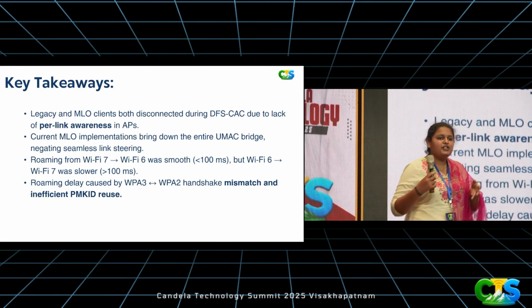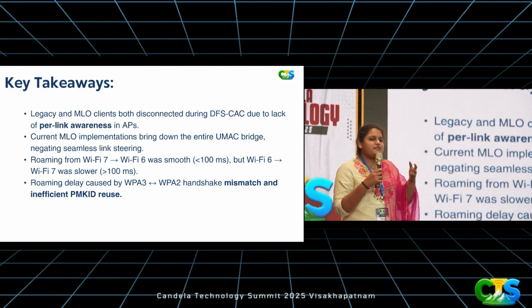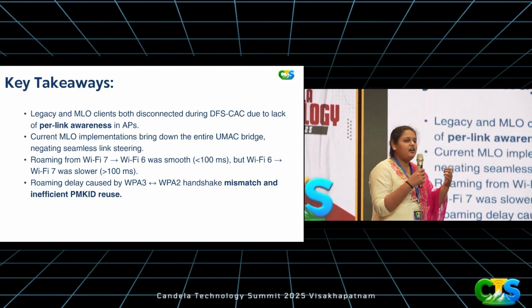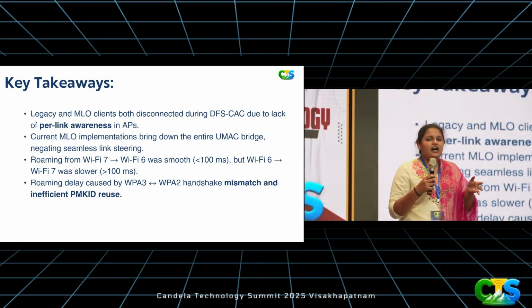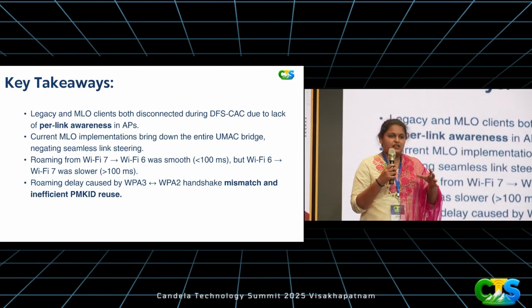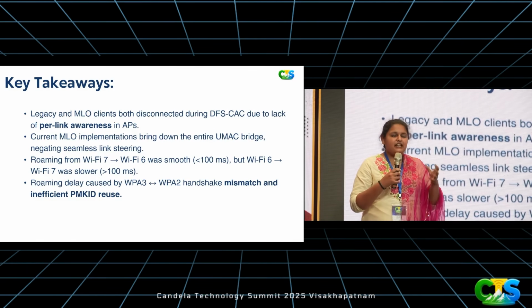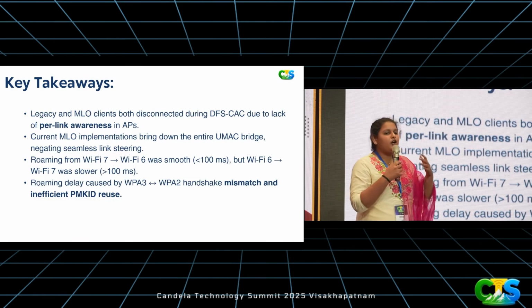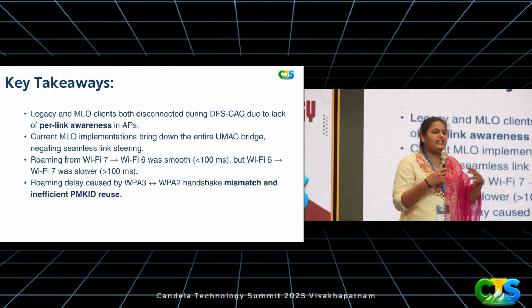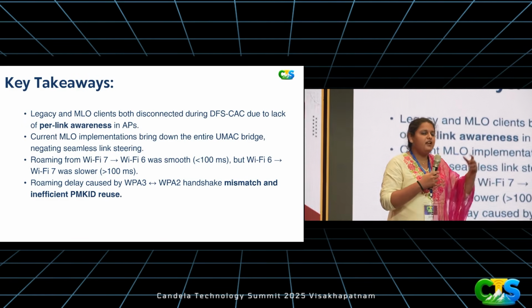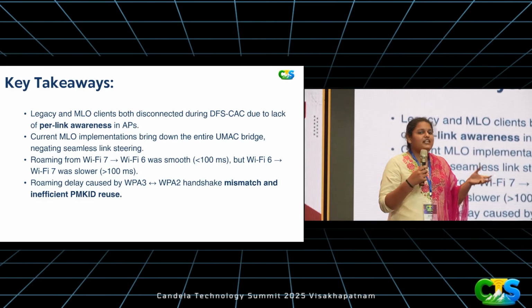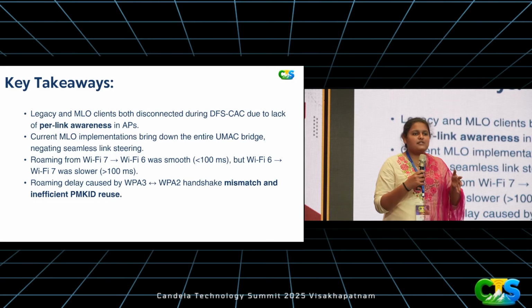And when coming to the roaming, as we all know, gaming and video calls are low latency activities which require less latency and less roam time. So whenever we are on a video call and walking here and there and we have to roam between a Wi-Fi 7 and Wi-Fi 6 AP, it is very essential that the latency and roam times are low.